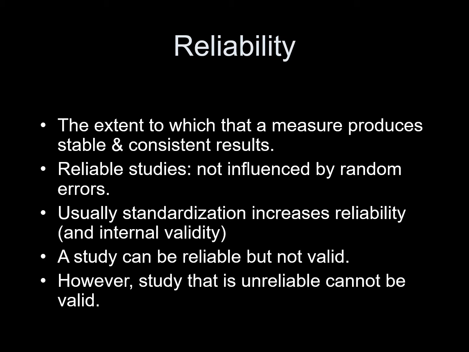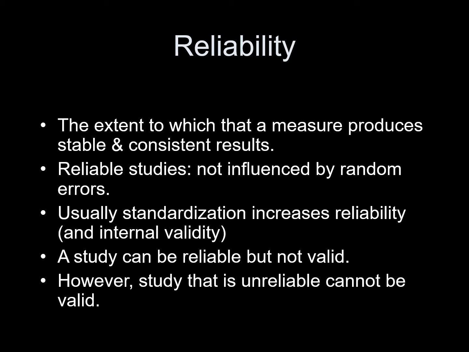Now, a study can be reliable but not valid. Imagine an instrument where every time I step on the scale, it tells me I'm 10 pounds, I'm 10 pounds, I'm 10 pounds. I measure 150 times, and it tells me that I weigh 10 pounds. Well, that's a very reliable measurement, but it's not valid because there is no way I weigh 10 pounds, right?